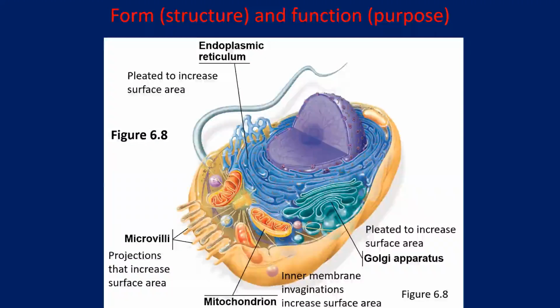On the rough side, you can see the ribosomes sitting over there. The main function of the endoplasmic reticulum is biosynthesis, and we'll talk about all these organelles in a while.